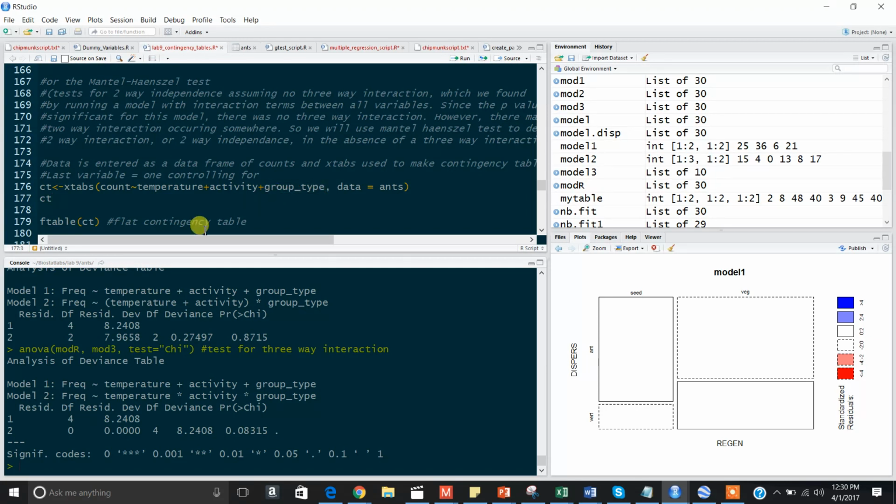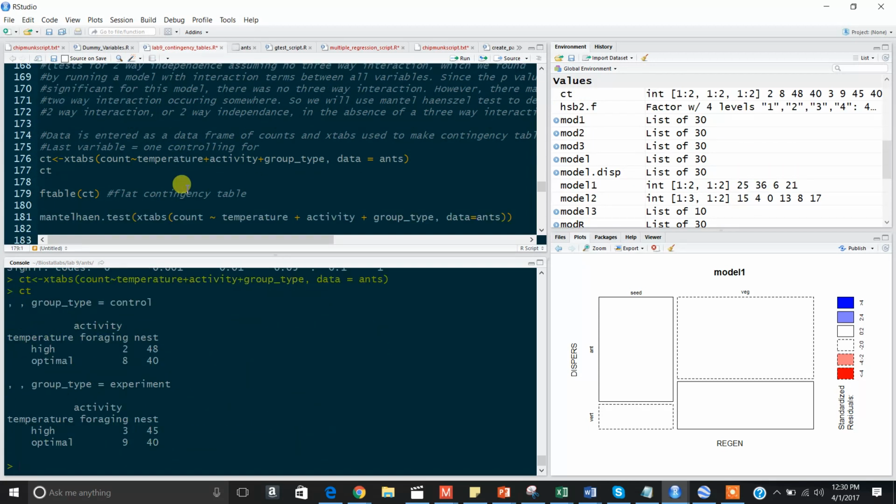So in this case, we're going to end up testing to see if there's an interaction between temperature and activity controlled for, or stratified by, group type. In this case, the two group types were control and experimental. So we're going to run that. Okay, so here we have the control group, and we have the counts for the control group. And then we have the experimental group, and we get the counts for the experimental group separated.